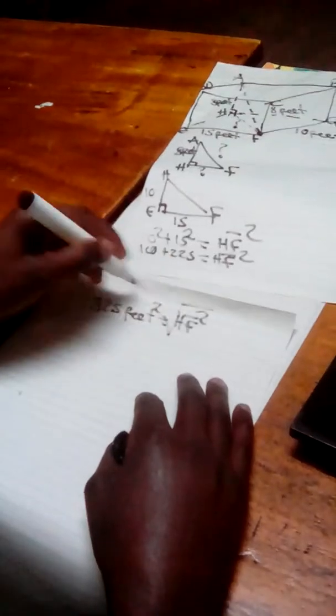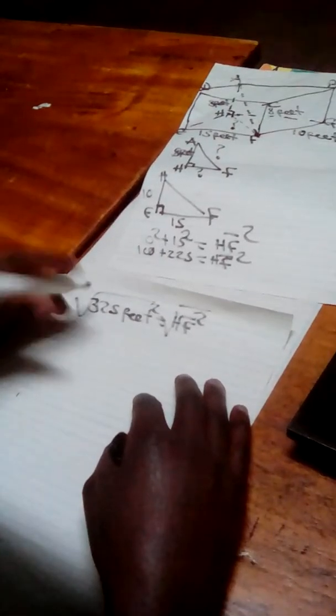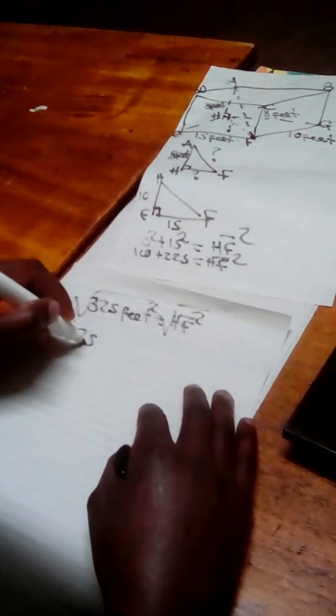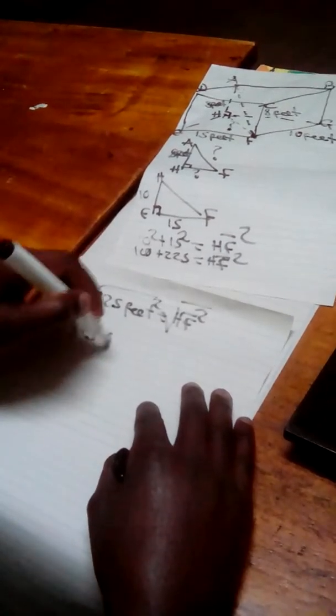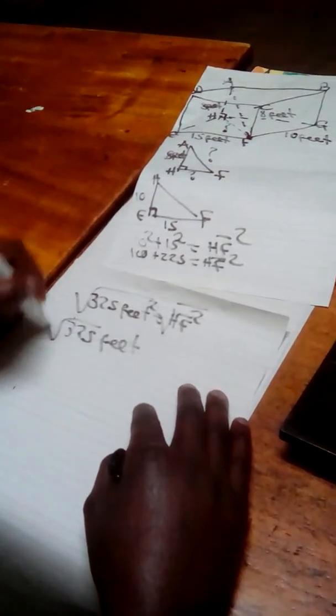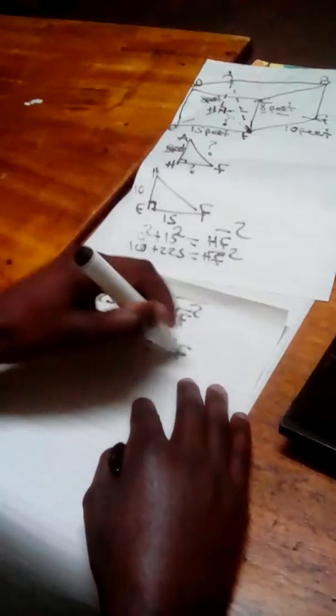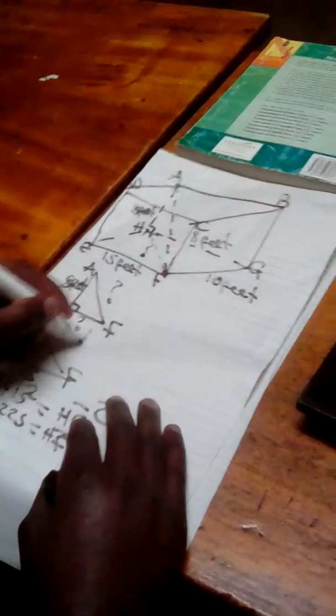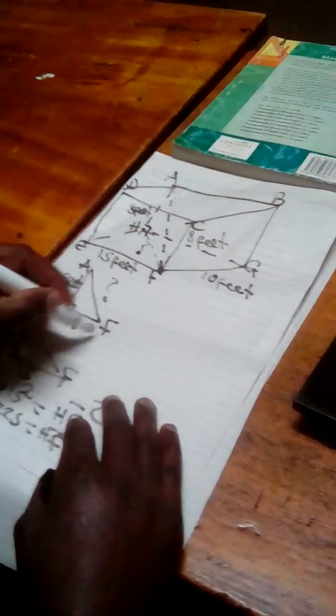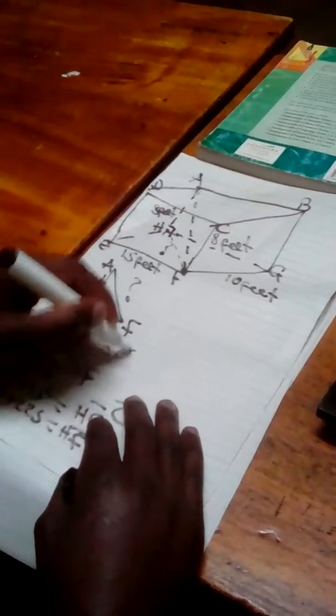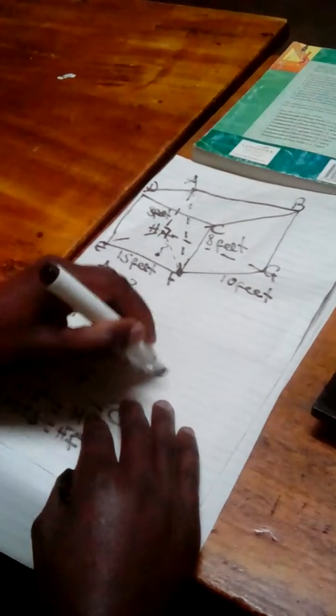So if you want to simplify, you take the square root of both sides, you end up getting HF equals the square root of 325 feet. So you have HF now. Coming back here, it means this distance HF is the square root of 325 feet.